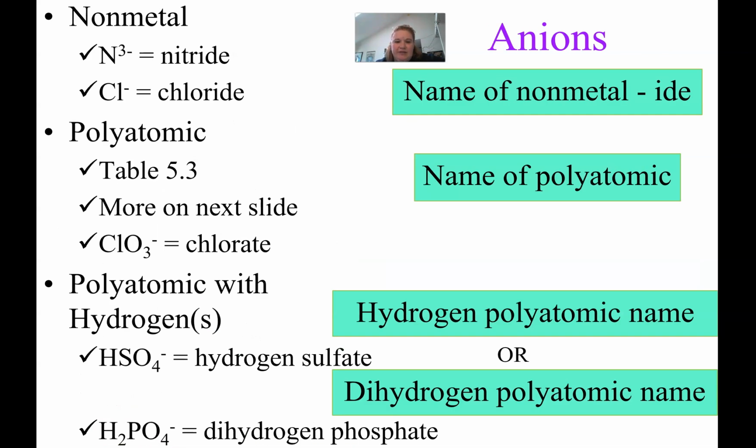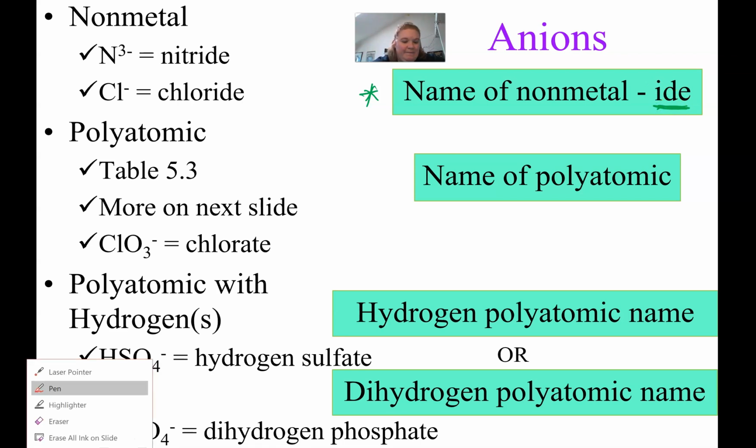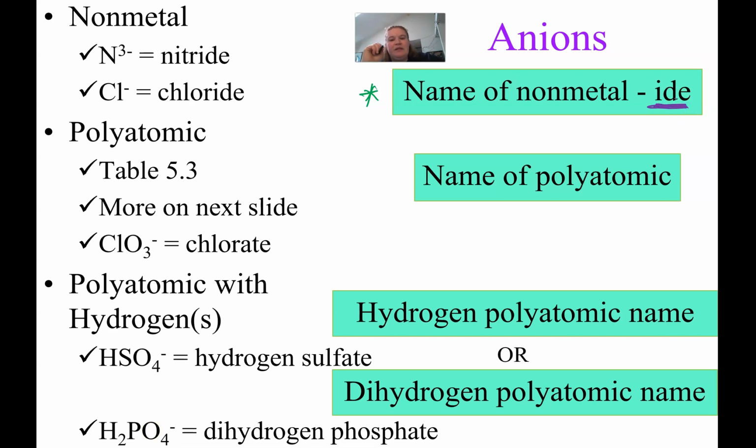Let's look at our anions. If we have a non-metal as our anion, we're going to use the name of the non-metal, but change its ending to "ide." There we go. My green didn't show up on the green. Very good.